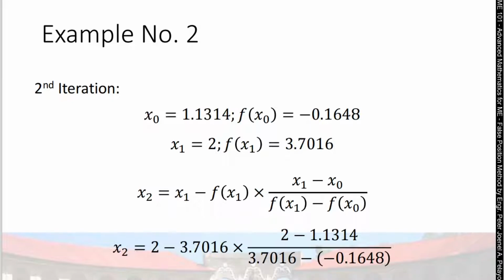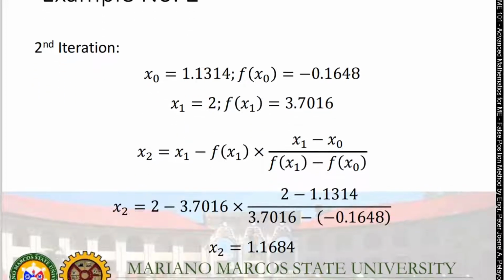So, we substitute to get the new value of x2: 2 minus 3.7016 times 2 minus 1.1314, all over 3.7016 minus the negative of 0.1648. Our x2 for the second iteration is 1.1684.